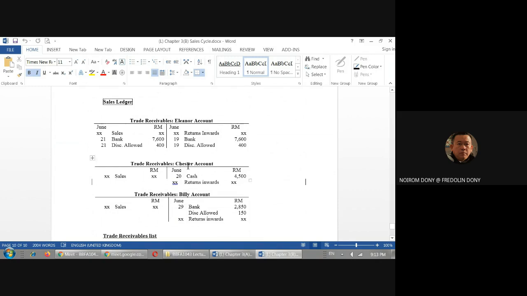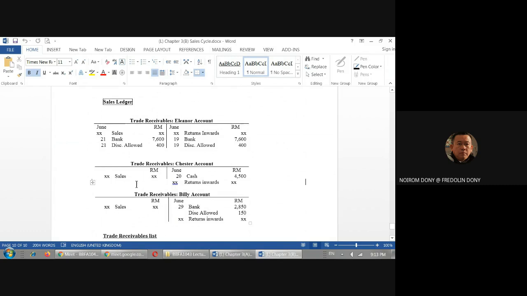Chester makes payment by cash. Okay, we credit 4,500, particular cash, and individual according to the date of transaction. Billy, we have 2,850 check amount, and you put the particular as bank, and we have a discount allowed 150.